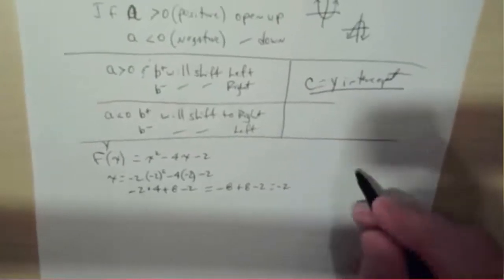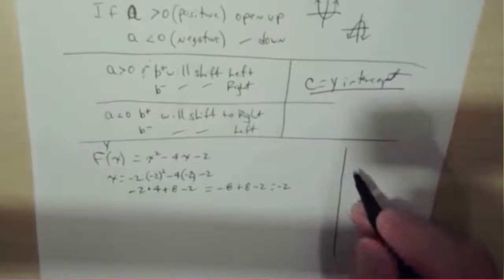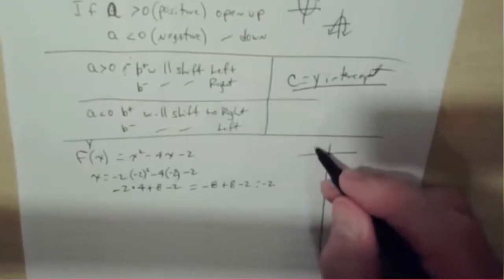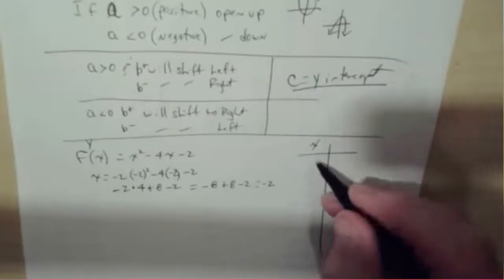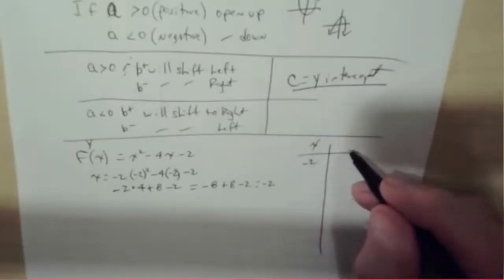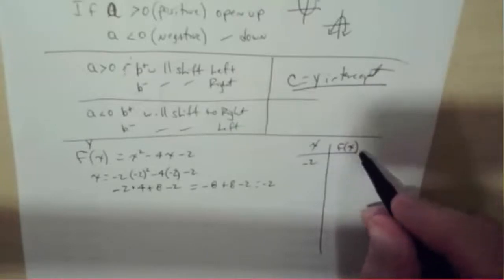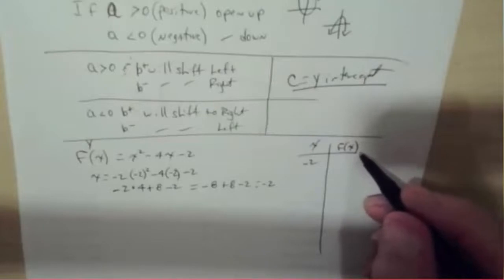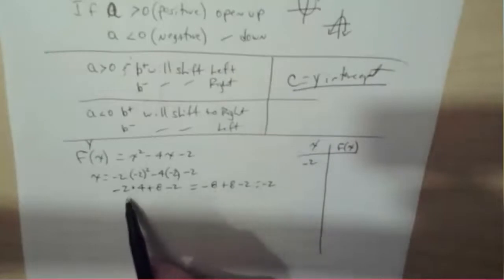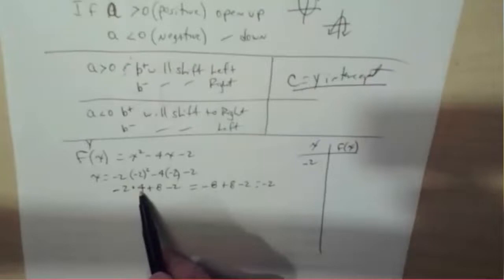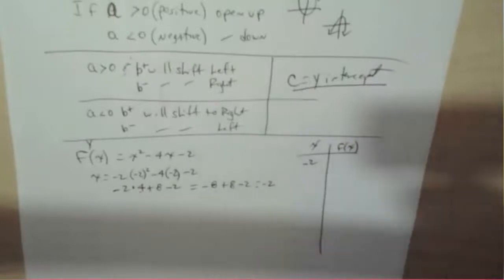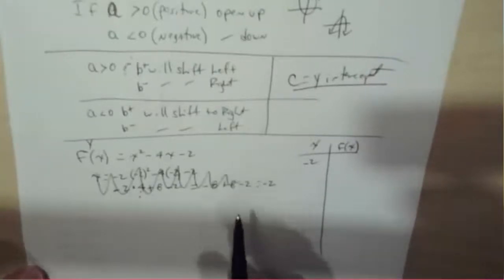So what we're doing here is make a box or a little chart here. So when x is negative 2, f of x, or the function of x, is what did I do wrong here? I did this completely wrong.